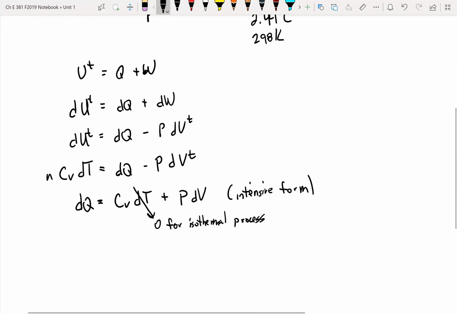So in a real process, if I was trying to mimic an isothermal compression, I put my cylinder in the ice bath or the water bath or whatever, and I'm not going to be able to push the cylinder down infinitesimally slowly. So the gas inside the cylinder is going to rise in temperature.